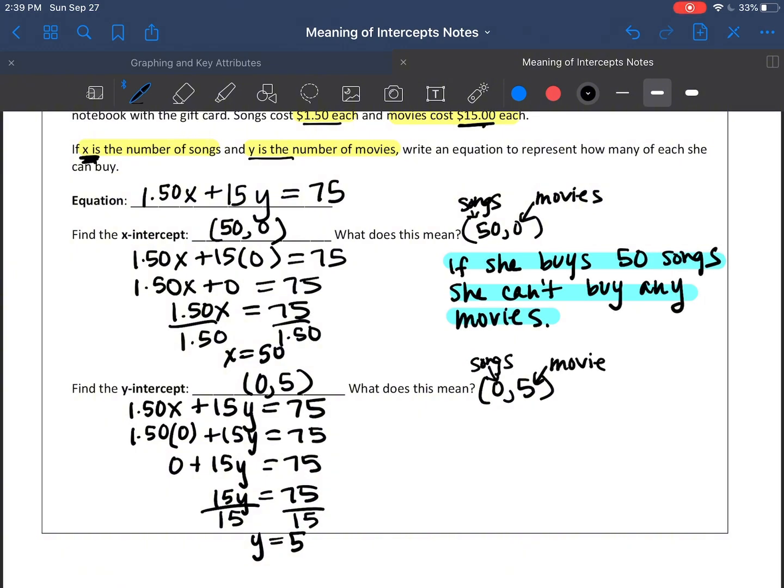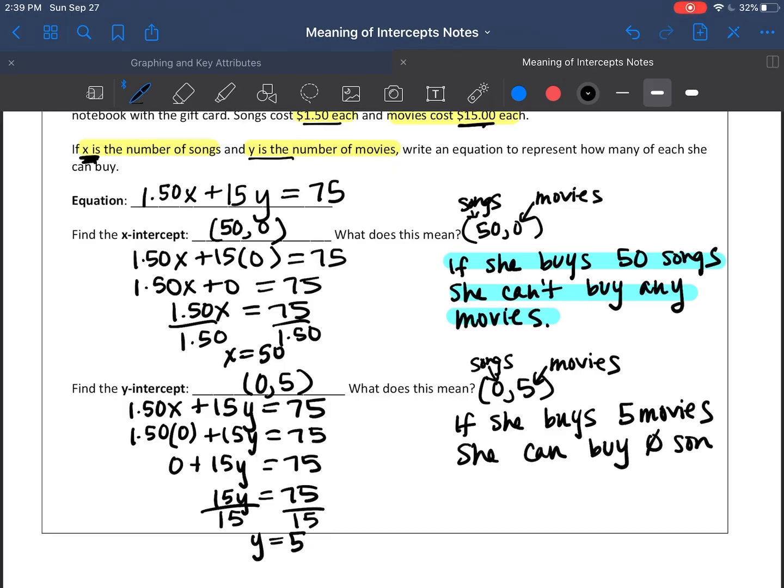Remember, this is the songs. This is the movies. And so if she buys 5 movies, she can buy 0 songs.